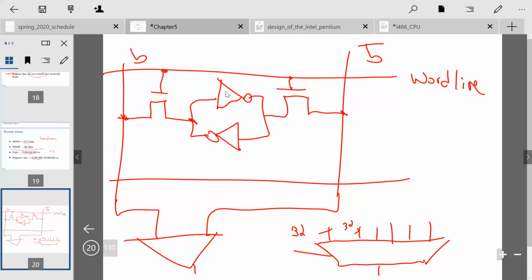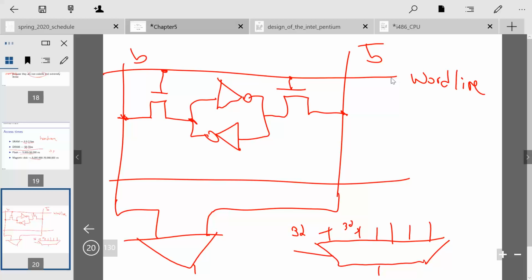Then that activates these pass gate transistors, which allow the bit lines to be changed. Before that happens, while data is going through the row decoder, these bit lines are charged up to the middle of their range. Then when we light up one of these row lines, these transistors modify the bit lines ever so slightly from their neutral middle position, and the sense amp picks up on that.